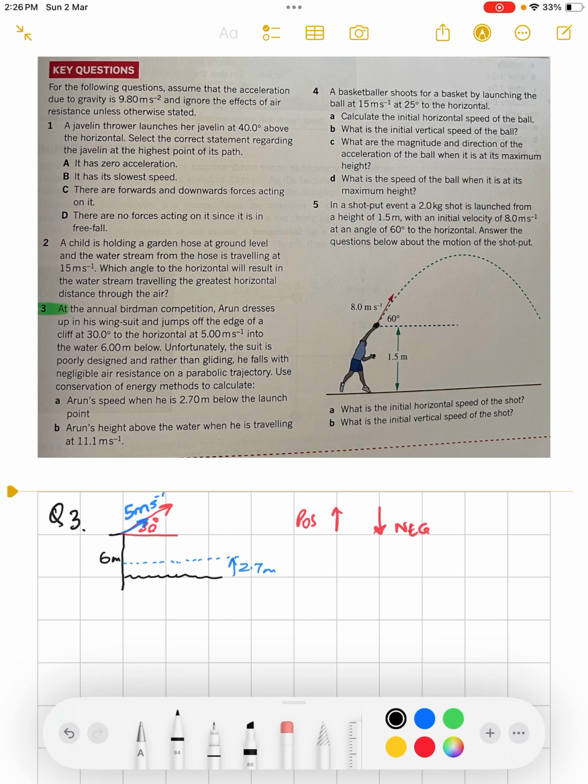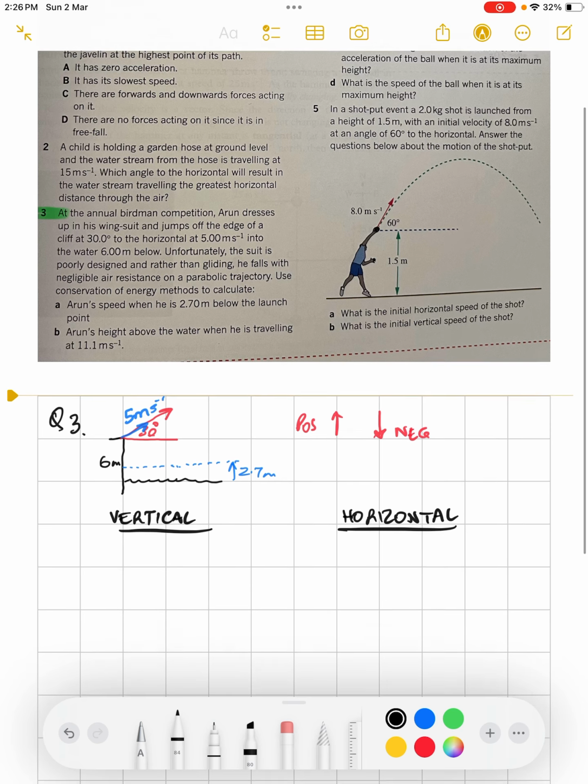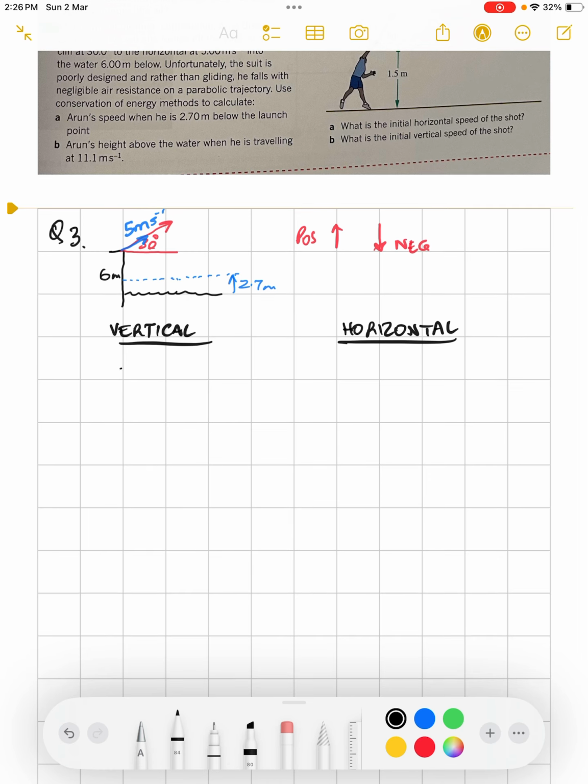I'll separate these into two, the vertical components and the horizontal components, so that we can monitor our components. I like saying our initial velocity, acceleration, displacement, and time, as we consider the different stages.